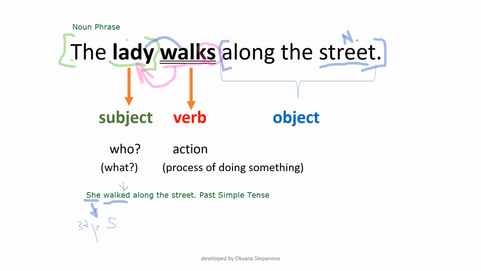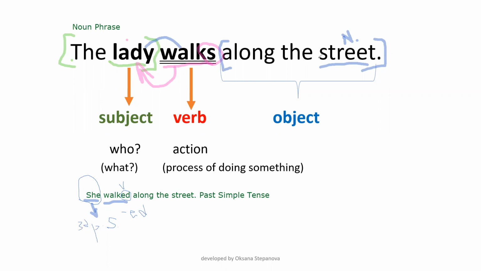In past tense, we just add ed independently of the pronoun she, independently of the pronoun or of the subject. We just add ed in past tense. But this also would be called agreement because it agrees with the subject, the performer of the action, not with the street.